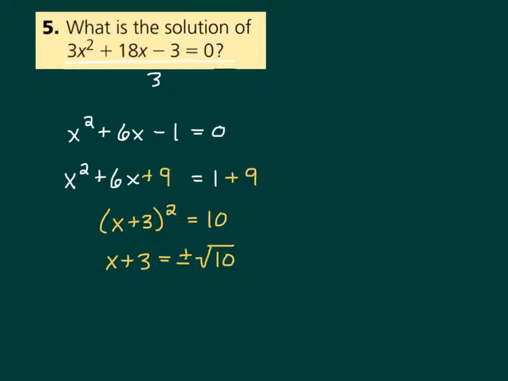To finish solving for x, we subtract 3 from each side, so negative 3 plus or minus the square root of 10. Which, to make that clear, is negative 3 plus square root 10, or negative 3 minus square root 10.